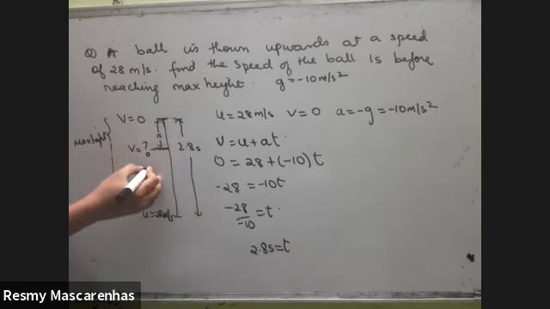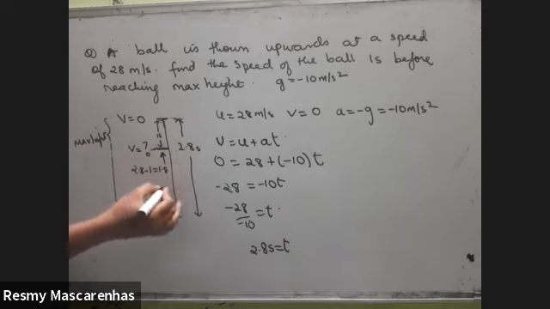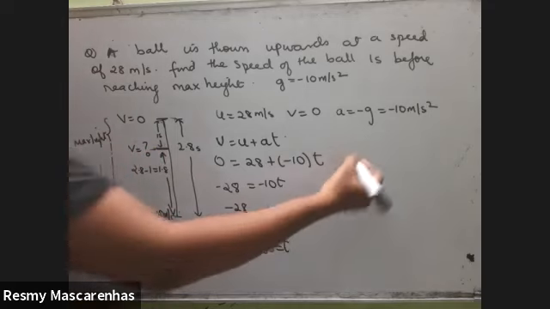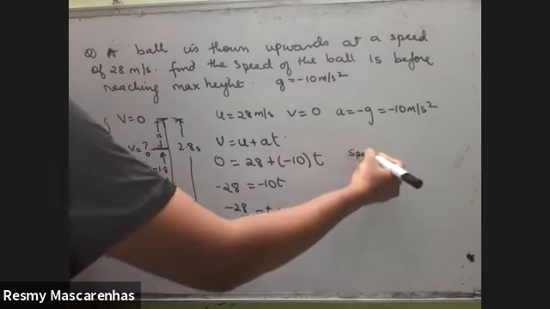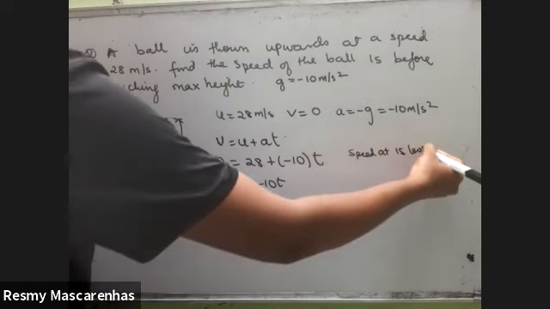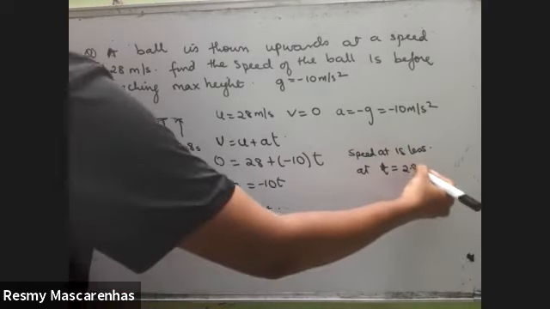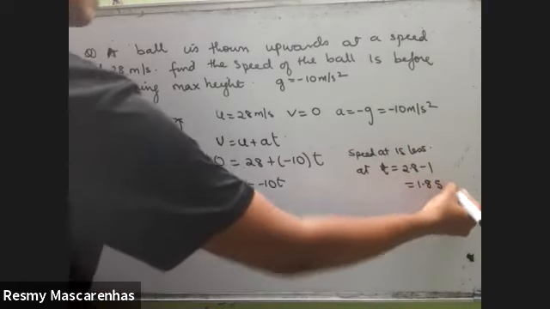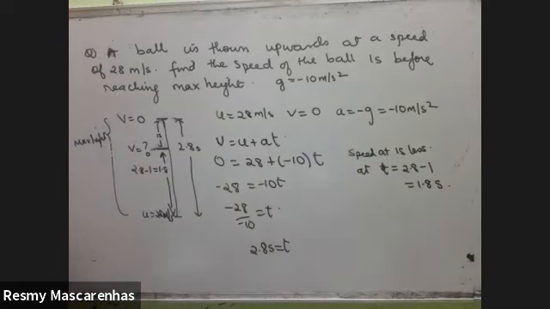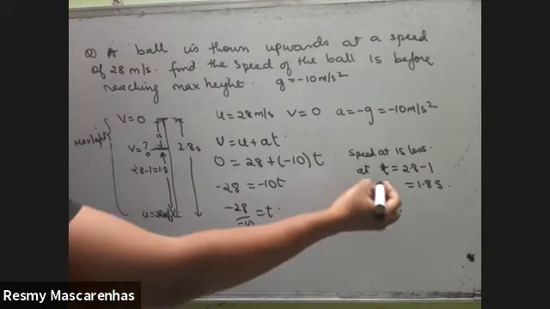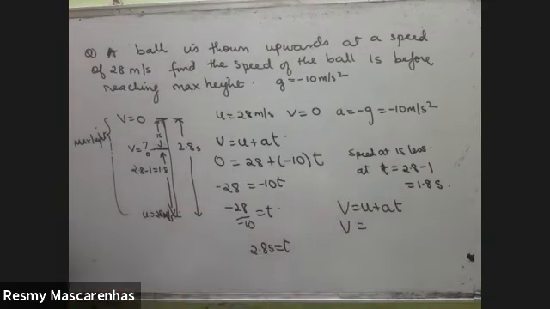So this is 2.8 minus 1. So I want to know at 1.8 second what is my velocity. So the speed at 1 second less means at t is equal to 2.8 minus 1, which is at 1.8 second we have to calculate. So use the same formula. Now v is how much? We don't know. We have to calculate.